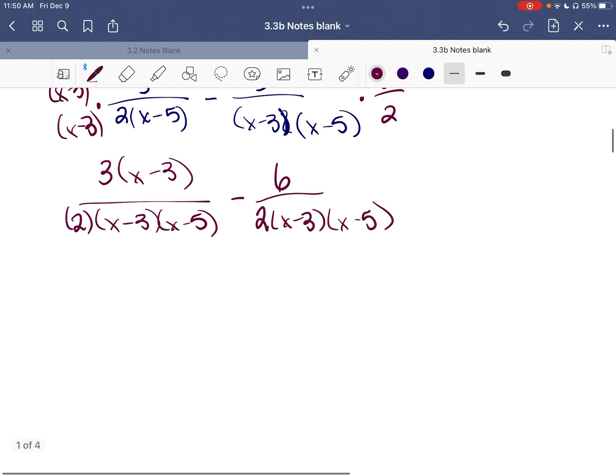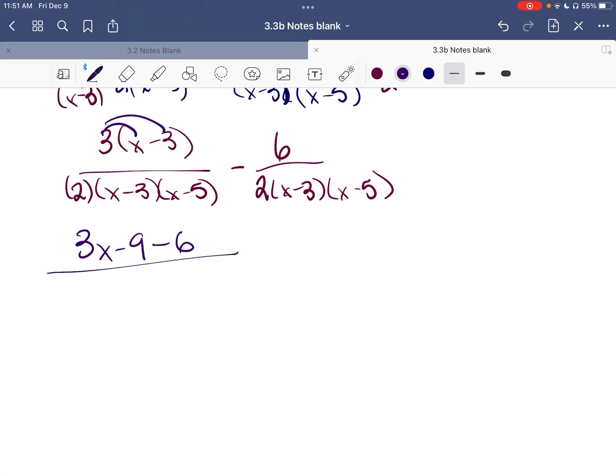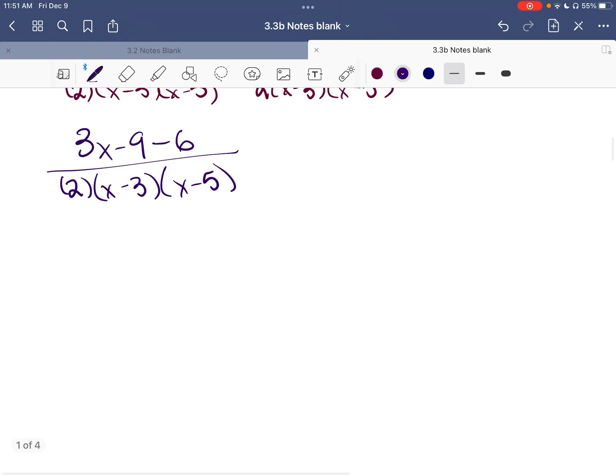Now that we've got common denominators, we can just do the math and everything can be under one denominator. So two steps at once, we're going to distribute 3x minus 9, and we're going to combine it all under one fraction. So 2, x minus 3, x minus 5. Now that we've got everything as a fraction, simplify.